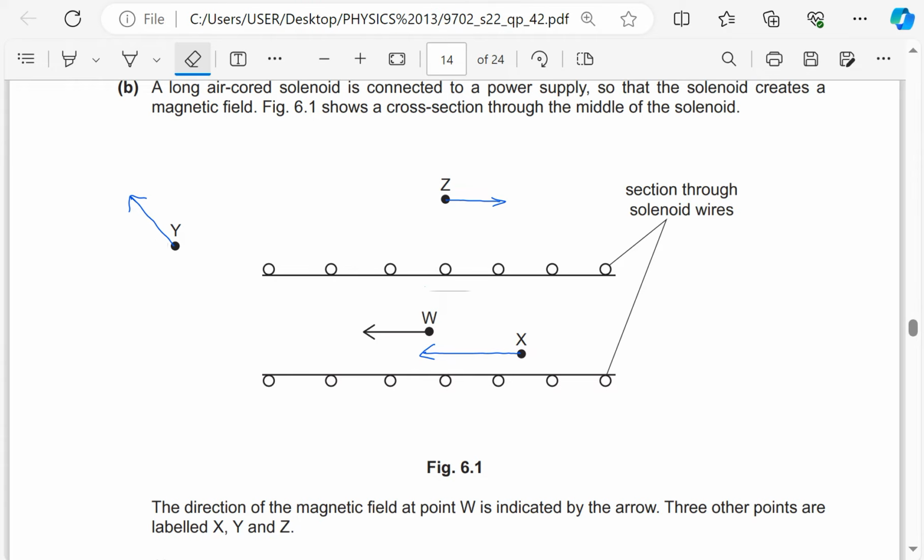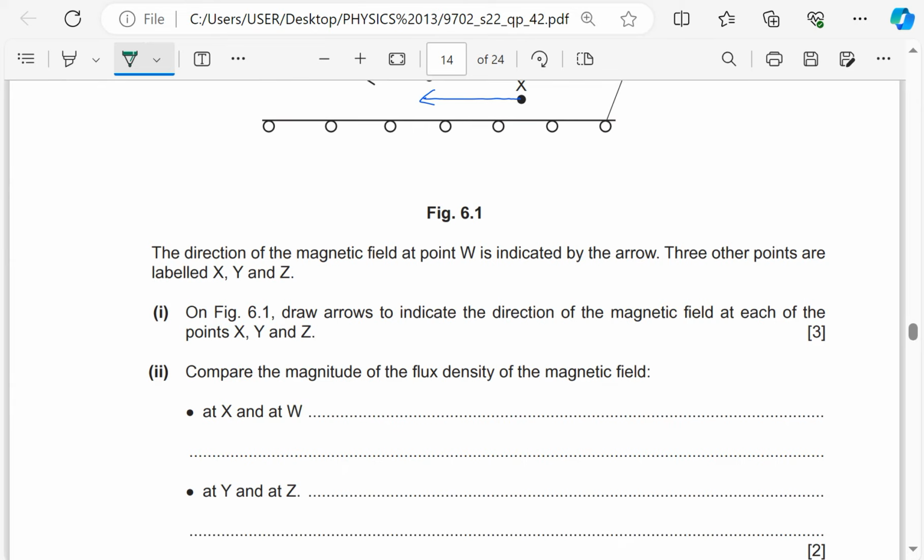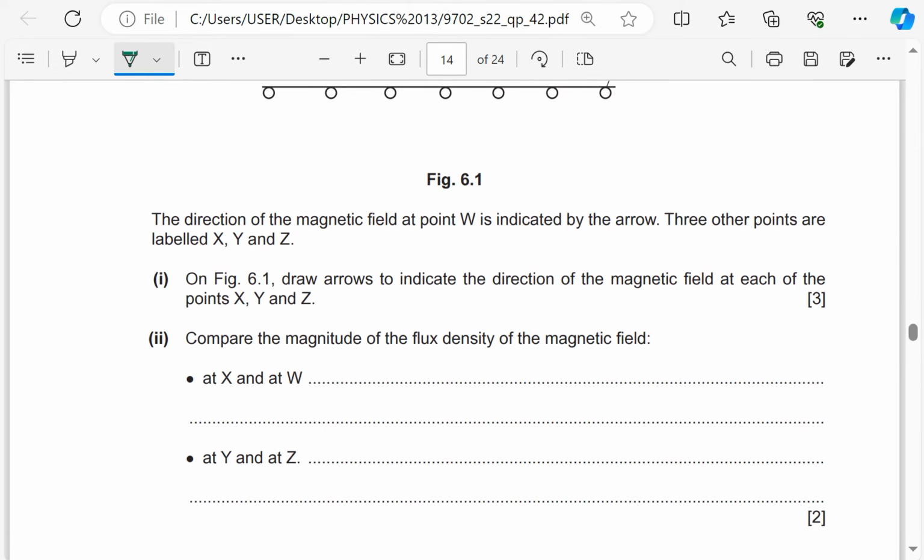Then compare the magnitude of the flux density at X and Y. Of course, inside the solenoid it is almost the same, or approximately uniform.